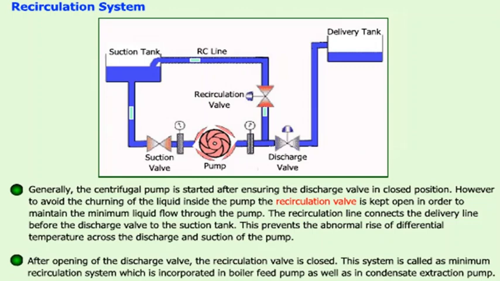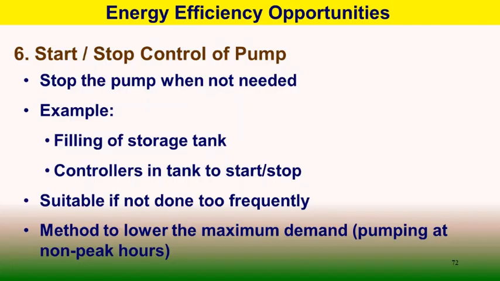Now another method to reduce the energy consumption in a pumping system is to reduce the flow rate by starting and stopping the pump whenever necessary, provided that this does not happen too frequently, because for a 6.6 kV motor, once you are running, you cannot start immediately after a tripping or stopping.